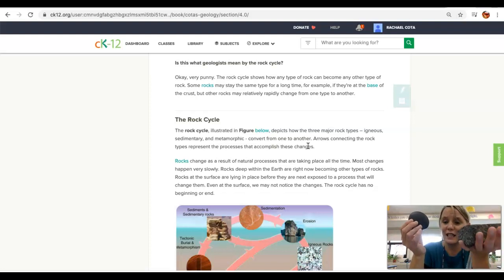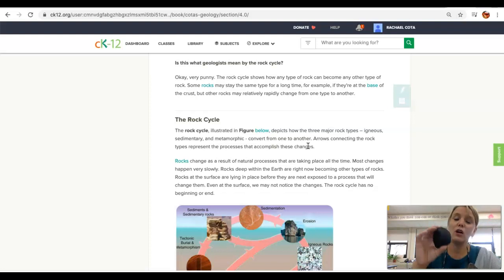This is known as an intrusive igneous rock. Intrusive meaning it cooled inside the earth, so it cooled really, really slowly. An extrusive igneous rock cools outside of the earth. Extrusive means outside, and that would be basalt. This actually erupted out of a volcano and cooled very rapidly outside of the earth.